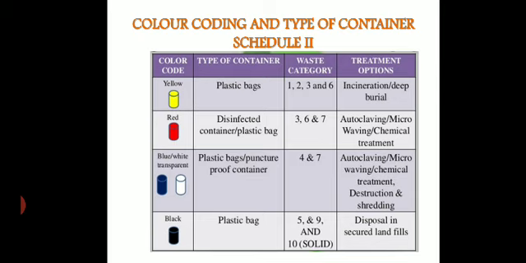Category 1 includes your human and anatomical waste. Category 2 includes the animal waste. Category 3 includes your microbiology and biotechnology waste. And category 6 includes soiled waste, the items which are contaminated with body fluids, including your cotton dressings, then plaster, all these are included under category 6.